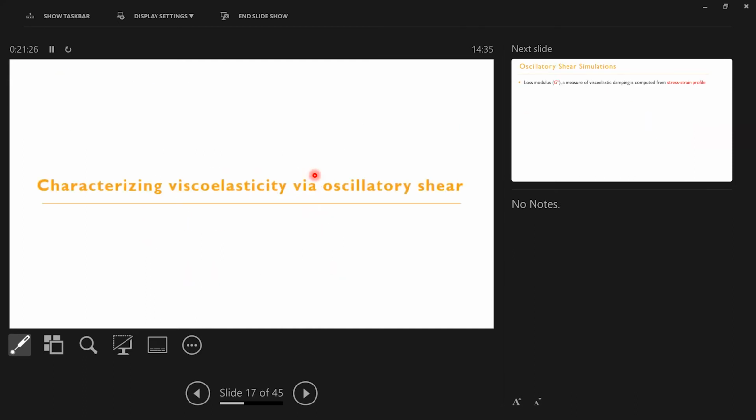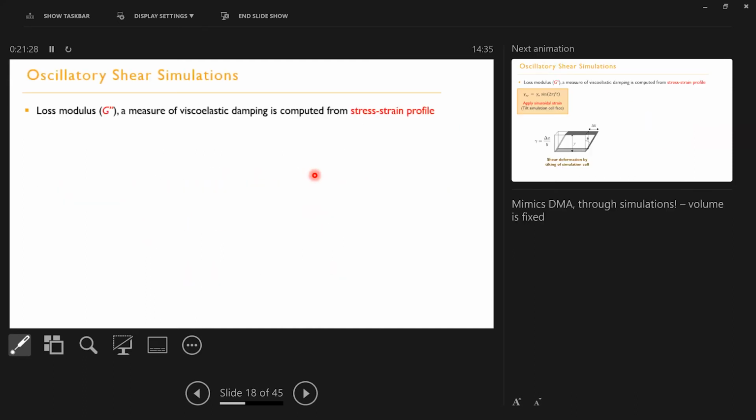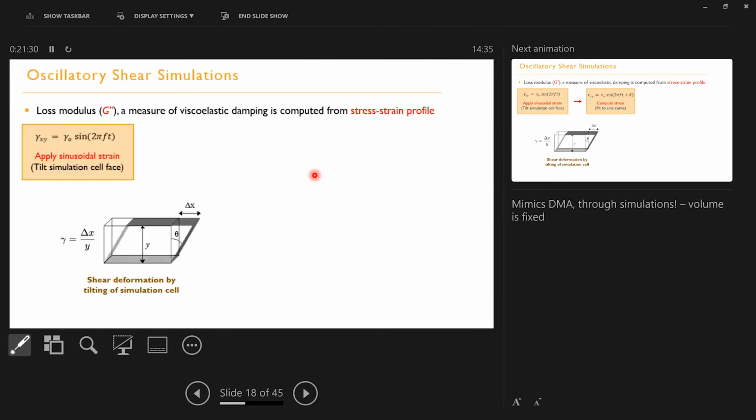Okay. So let's go into characterization of viscoelasticity. So as I mentioned, what we are doing is assuming you have a simulation cell that is filled with whatever material you want. We are applying a sinusoidal strain, okay, that is gamma xy. You can see that this is a simple sinusoidal function. The deformation frequency is given as f, right?